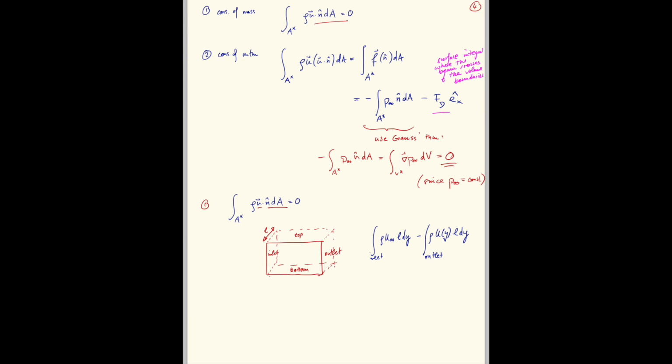For the top here, in u dot n dA, the only component parallel to the surface normal is v, so this really is vL dx. The area is the integral over dx here.